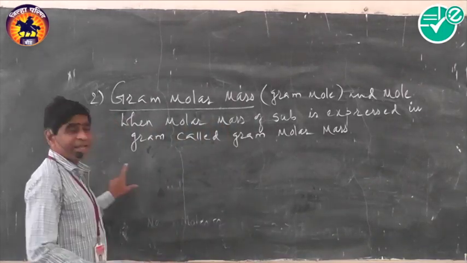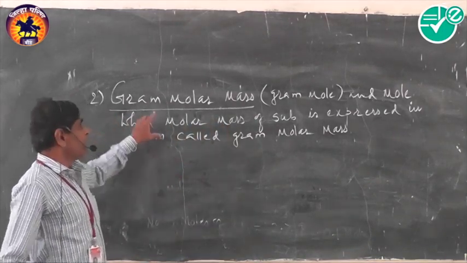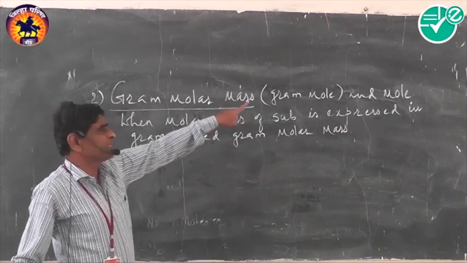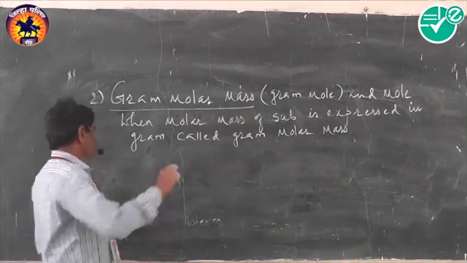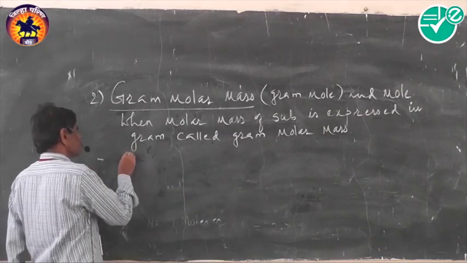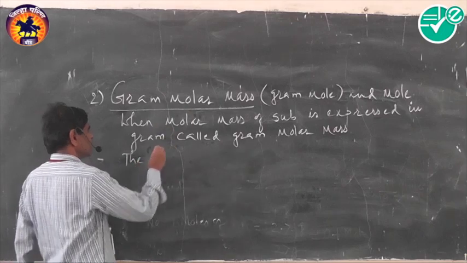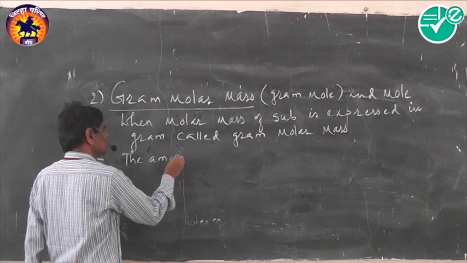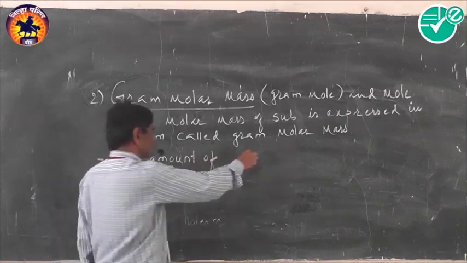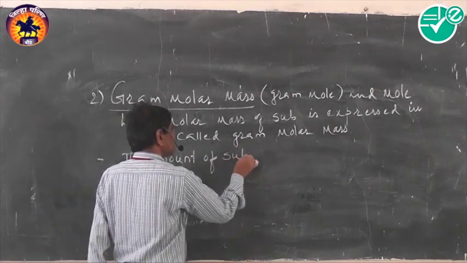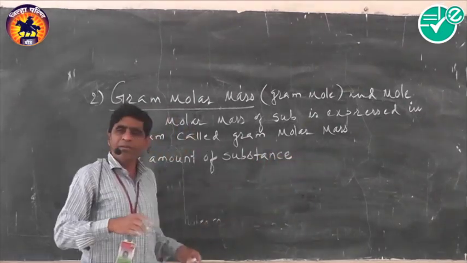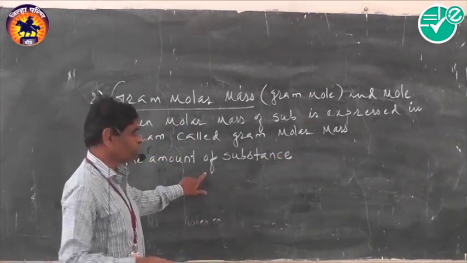Now experiment has shown that an amount of substance equal to its gram molar mass is considered as 1 mole. Remember, it is applicable for an element or it is also applicable for a compound.